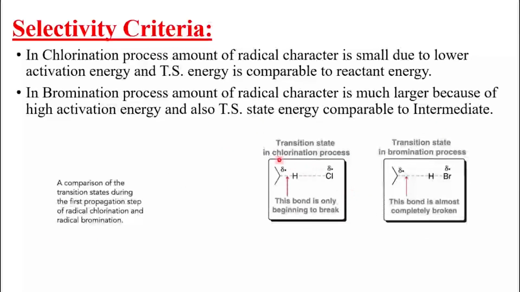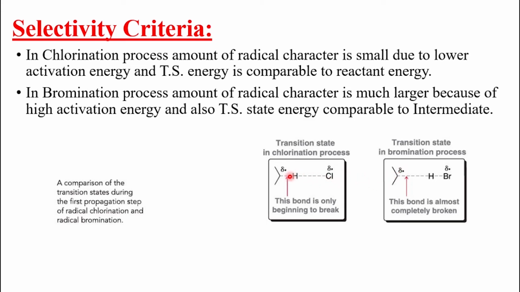In selectivity criteria, in the chlorination process the amount of radical character is small due to lower activation energy, and transition state energy is comparable to reactant energy. So you can see here, this is the transition state for chlorination process. In this transition state, the amount of radical character is small, but here the amount of radical character is high.